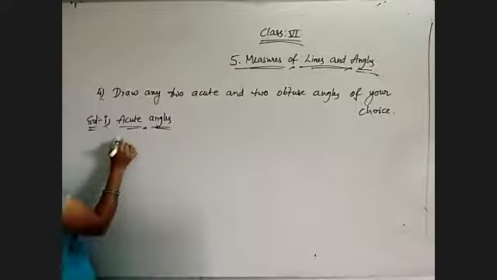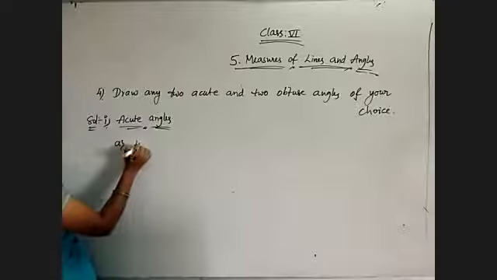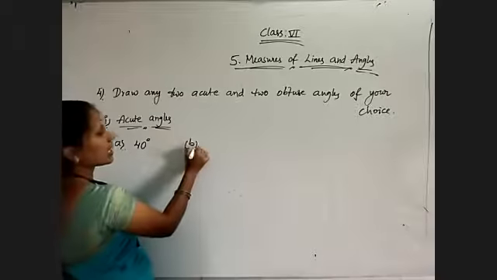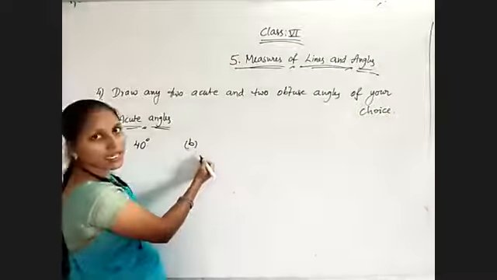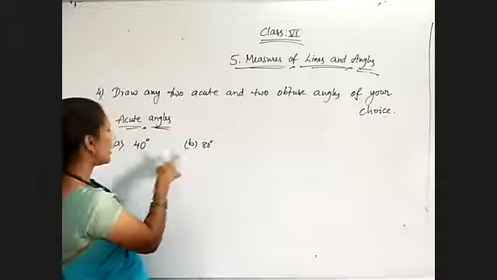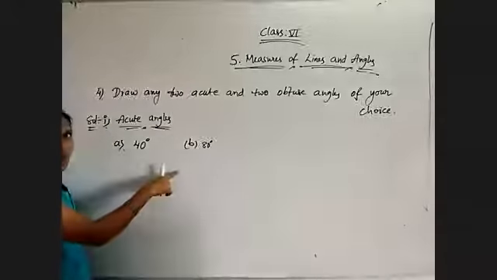My first angle is 40 degrees, an acute angle, and for the second angle below 90 I have to choose a number, so 80 degrees I am taking. 40 and 80.